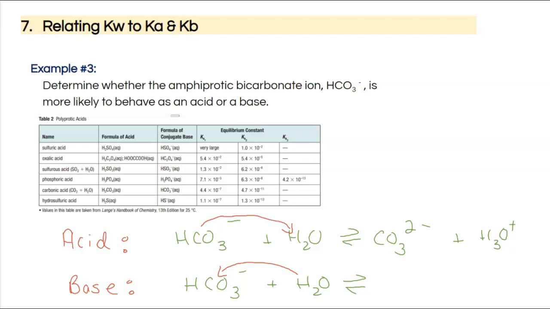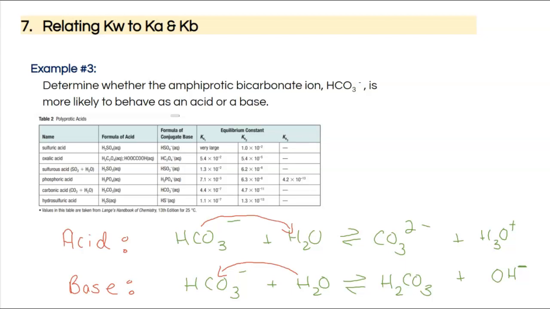My acid should be liberating hydronium ions. And in the case where bicarbonate's acting as a base, it's going to accept a proton and become carbonic acid, and then produce the characteristic alkaline ion, my hydroxide.